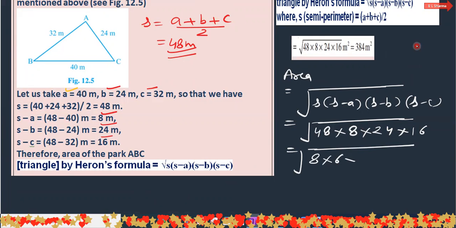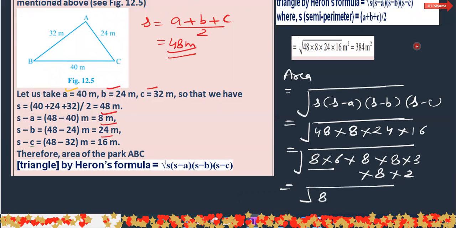8 into 6, 8 sixes are 48, and 8. Then 8 into 3. And then we can write 8 into 2. देखिए पेयर बनाइए, ये 8 का ये पेयर बना.